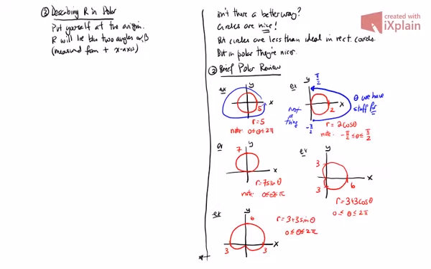And then between those angles, we'll have near and far polar functions. By near, I mean near to the origin.